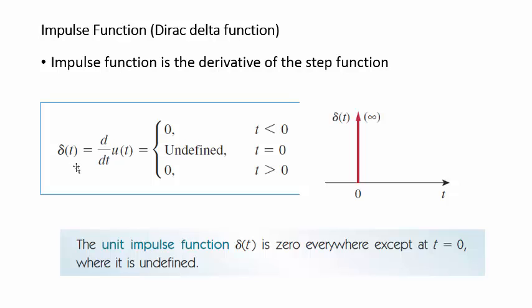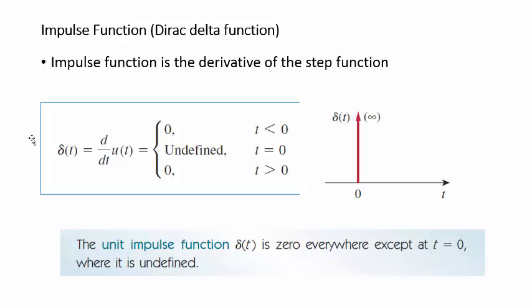So we define this derivative of a step function to be called the impulse function, also called the Dirac delta function, because this little Greek symbol right here is called a delta function, or a delta. It's a lowercase Greek letter delta, as opposed to the uppercase.